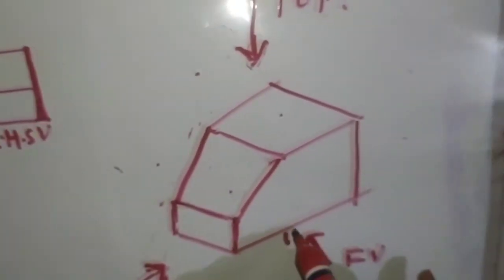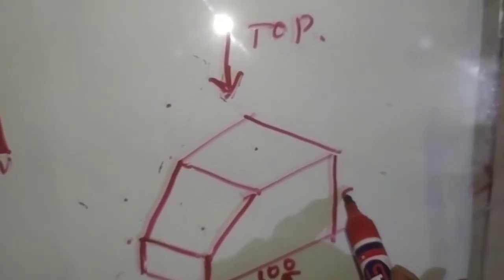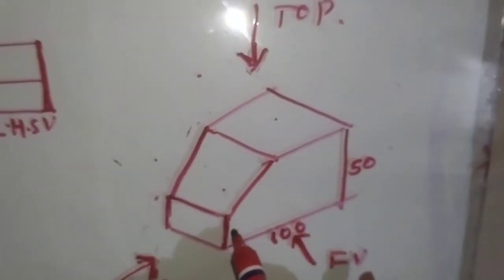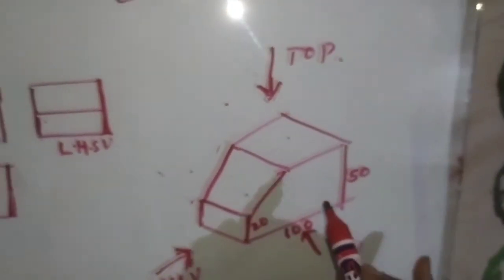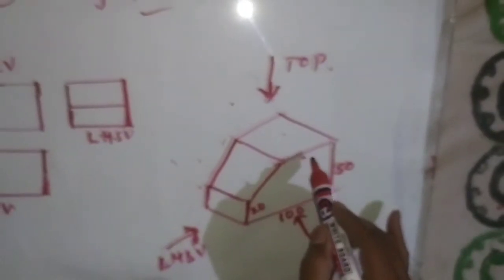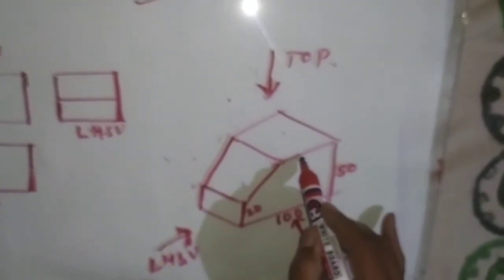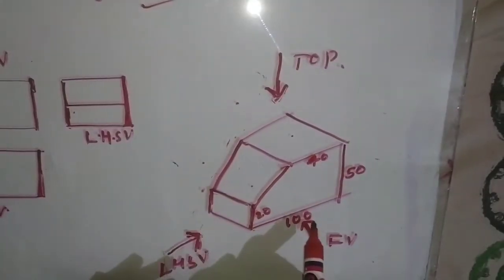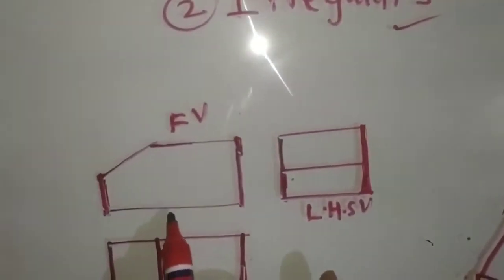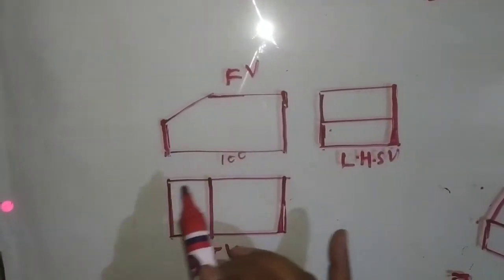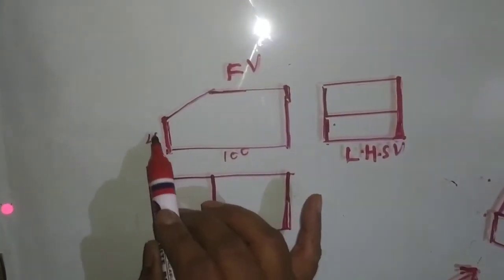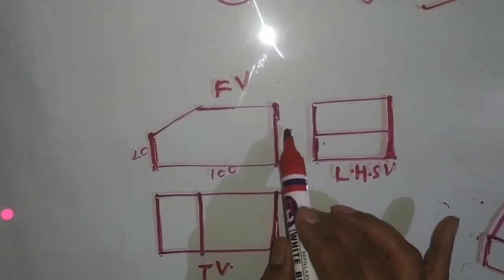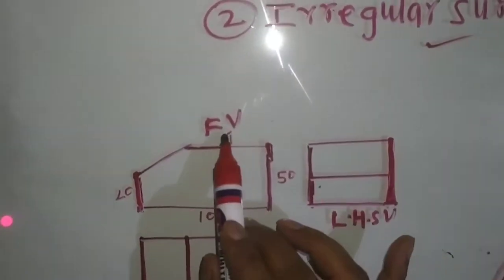If this is 100 mm, 50 mm, 20 mm, 40 mm, this true length is similarly observed here: 100, this is 20, this is 50, 40.